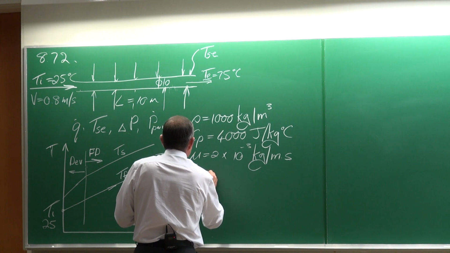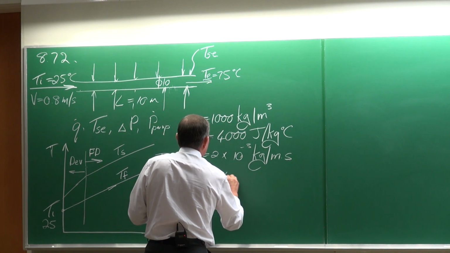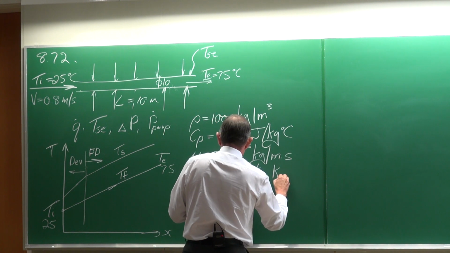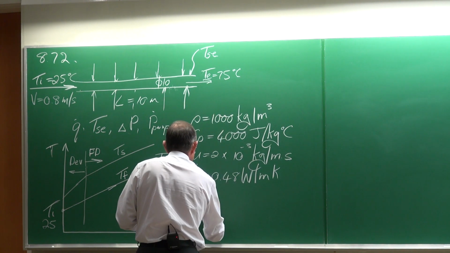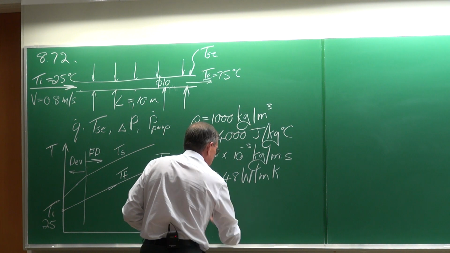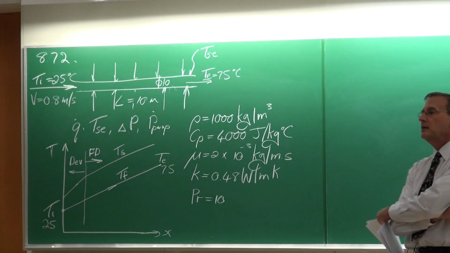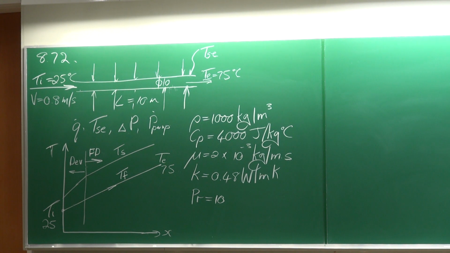Thermal conductivity K is equal to 0.48 watts per meter Kelvin, and the Prandtl number is 10. If I look at those values, it is close to that of water, but it is not water, it is something different.